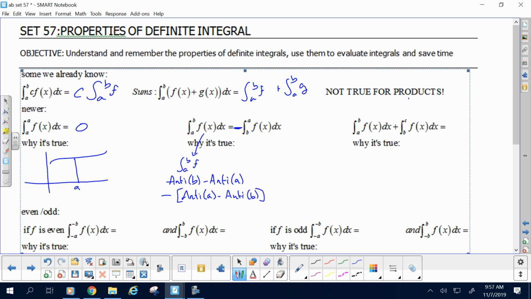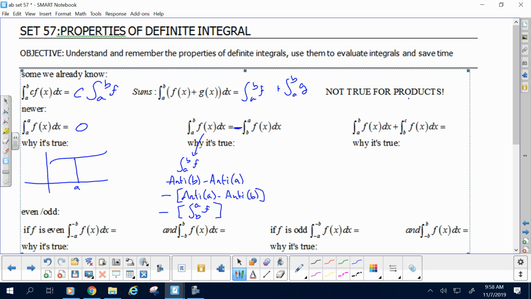Well, what about that inside expression? Isn't the antiderivative at a minus the antiderivative at b the same as the integral from, instead of a to b, from b to a? And so you can see then that when you switch the limits of integration, you're switching the direction of the dx, and it's negative. You follow?